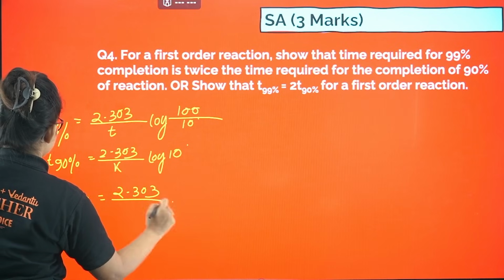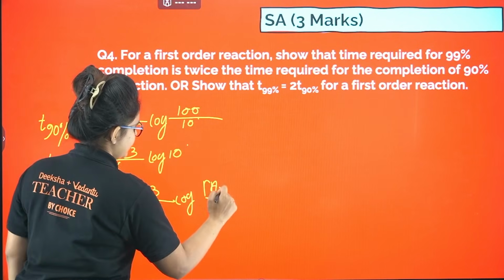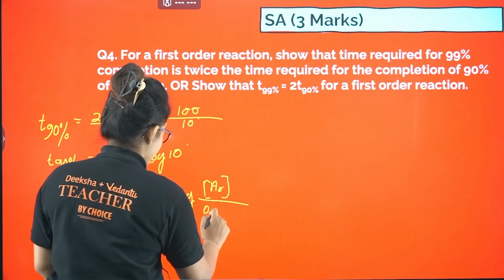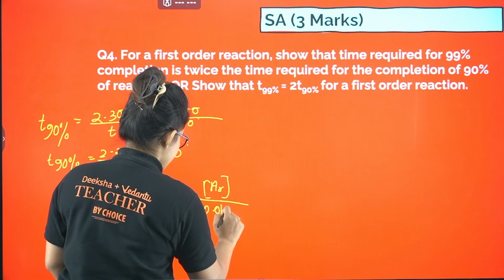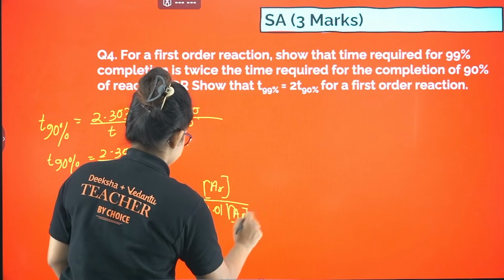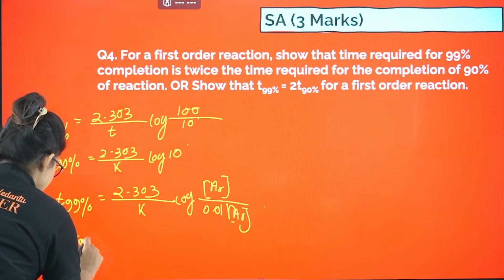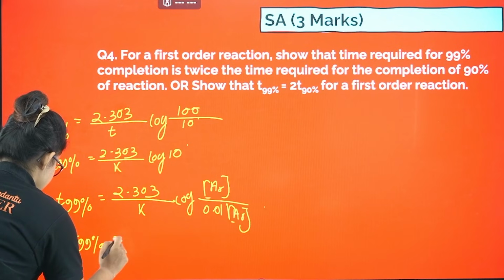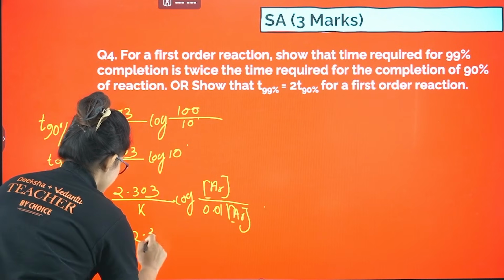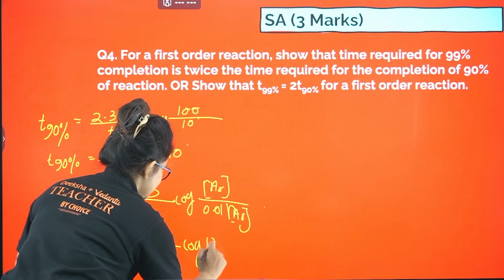That is 2.303 divided by K log of A0 by 0.01 basically, because 1 by 100, right, into A0. Okay, so if I further do this, T99% will give you 2.303 by K into log 10 square.